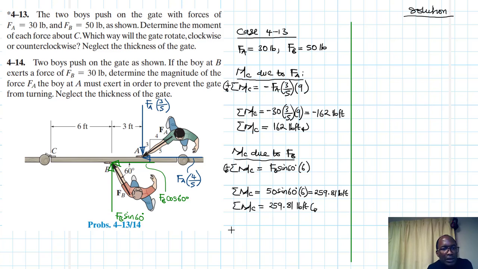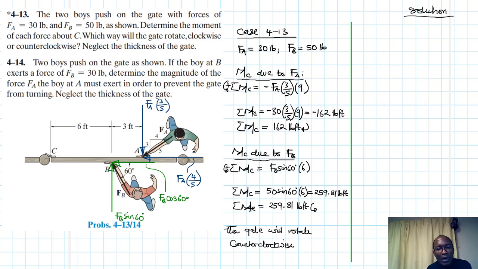The gate will rotate counterclockwise. Why? Because the moment due to FB is bigger. All right. Is that fine?